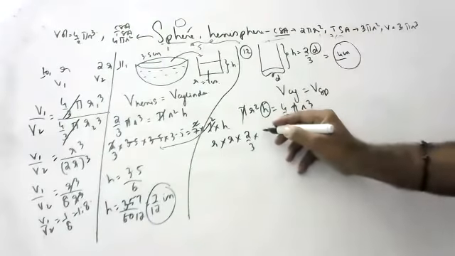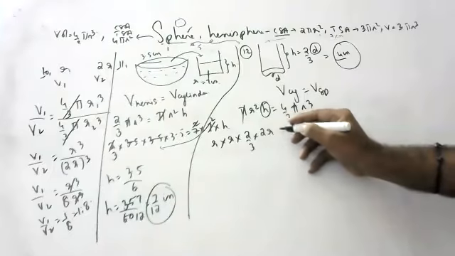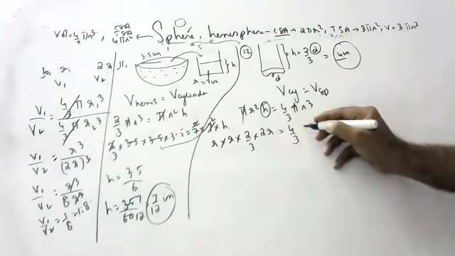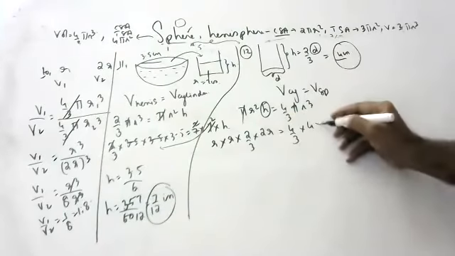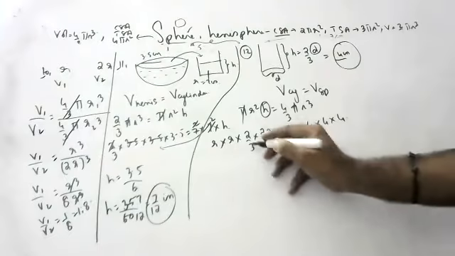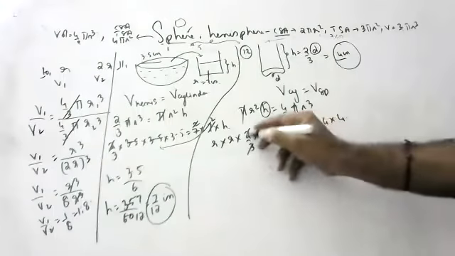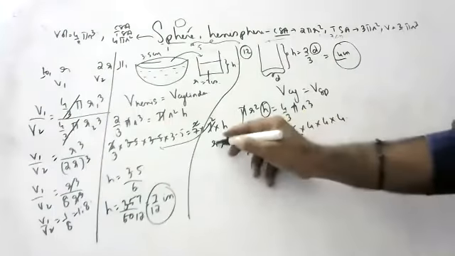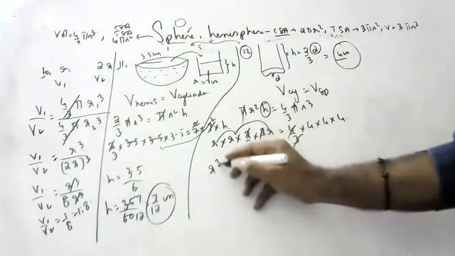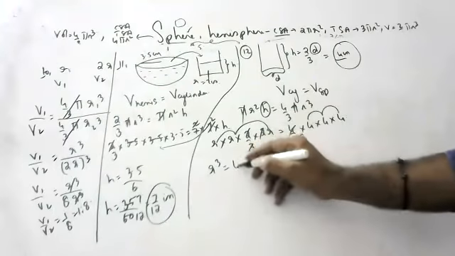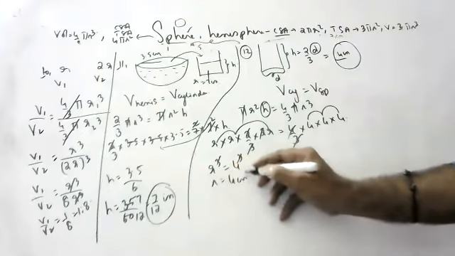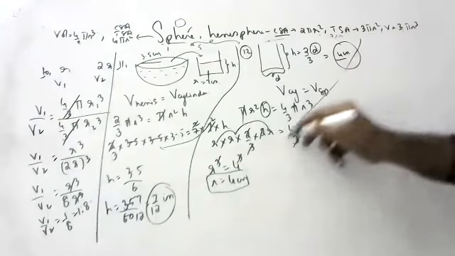Diameter means 2r. So 2 by 3 into 2r equals 4 by 3 into 4 into 4 into 4. 3 cancels. R cube equals 64. R equals 4. 4 centimeters is the radius of this cylinder.